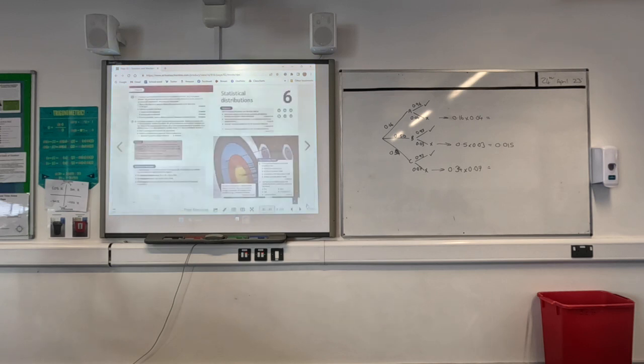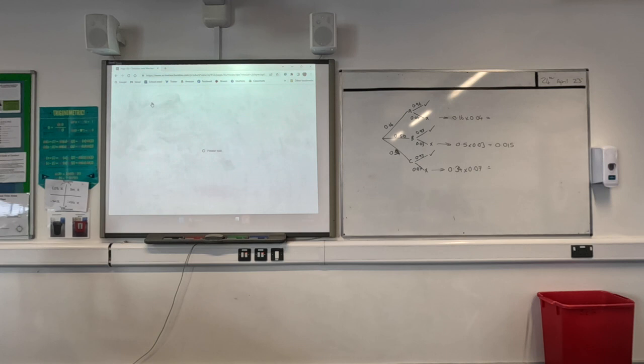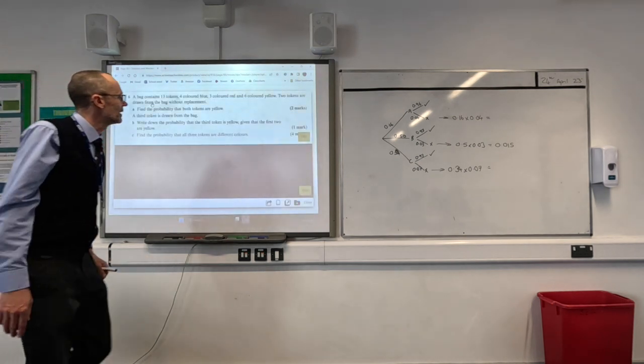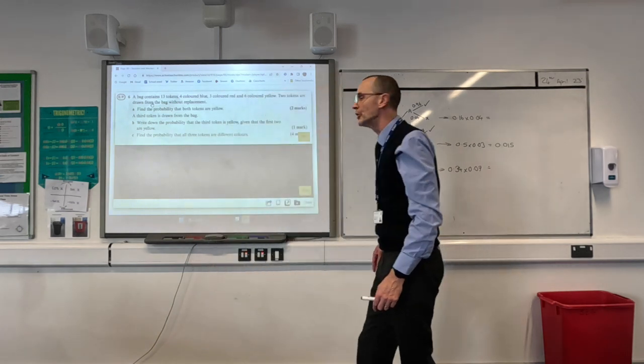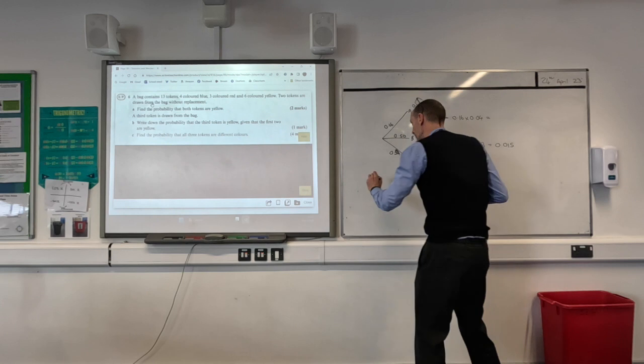The last thing that I wanted just to point out was a bit of notation that cropped up at GCSE, and I just want to make sure you remember it. It's the use of the phrase "given that".